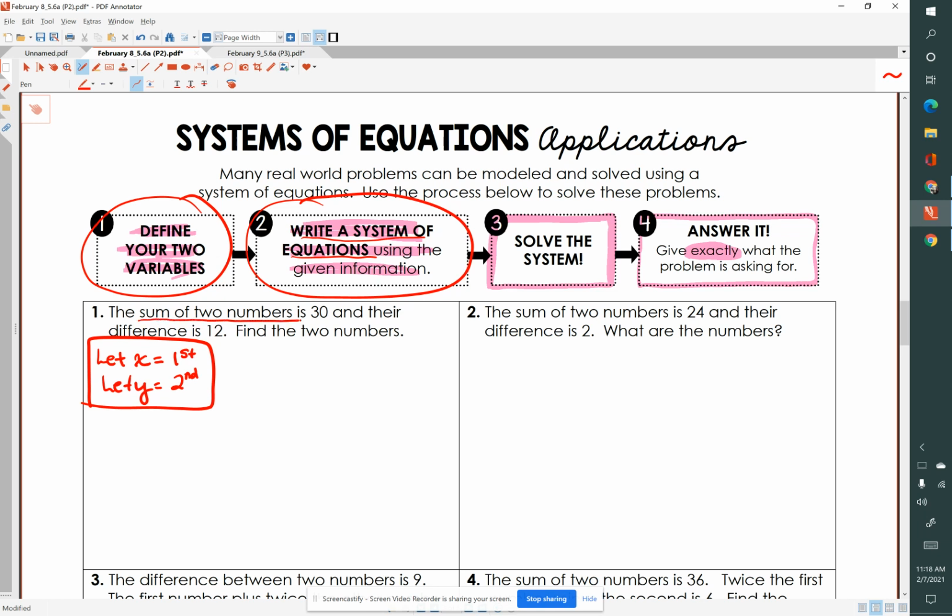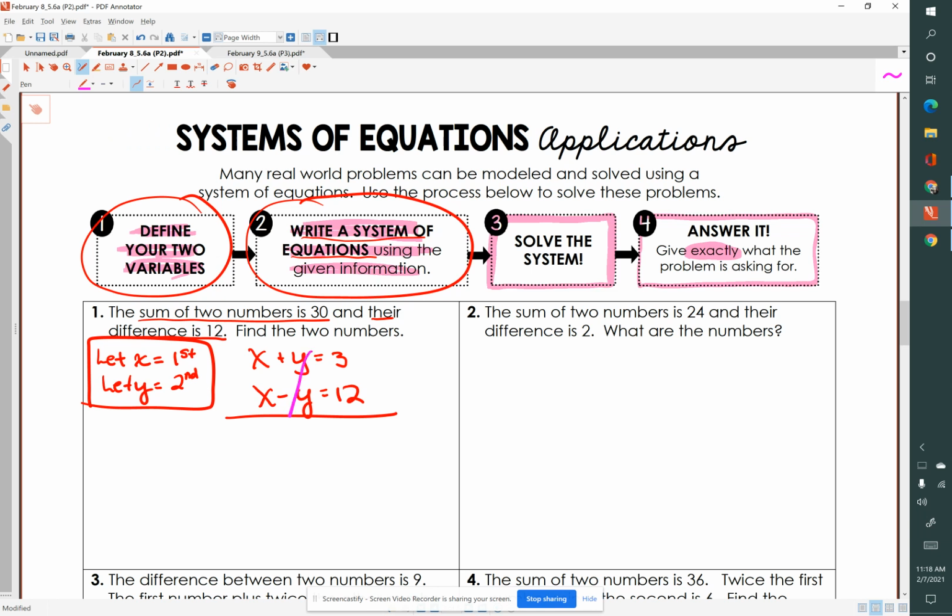The sum of the two numbers is 30. So X plus Y equals 30. Their difference is 12. So X minus Y is 12. Now we've got to solve them. Let's change our color so we can do this properly.